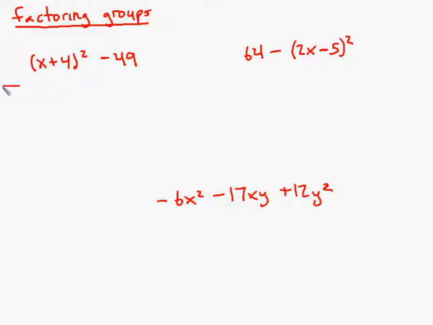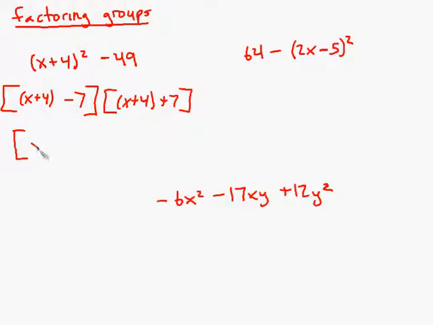So, big parentheses. That group minus 7. That group plus 7. Now, I can combine these a little bit. 4 minus 7. 4 plus 7.